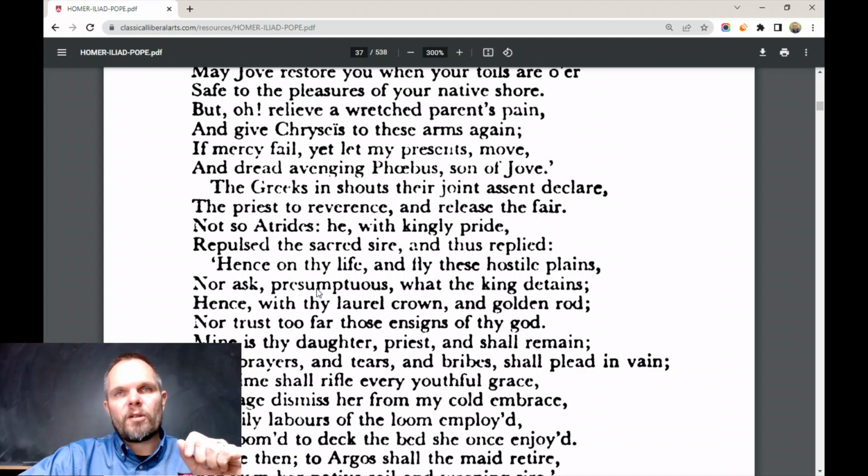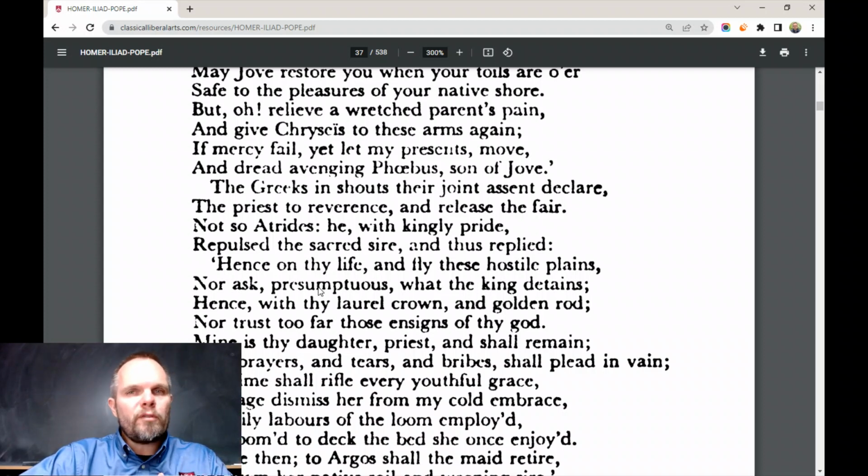But then Homer goes on and says, "Not so Atrides, he with kingly pride repulsed the sacred sire, and thus replied." So while all of the Greeks believed that Chryses should be granted his request, not so Atrides, not so Agamemnon, the son of Atreus.